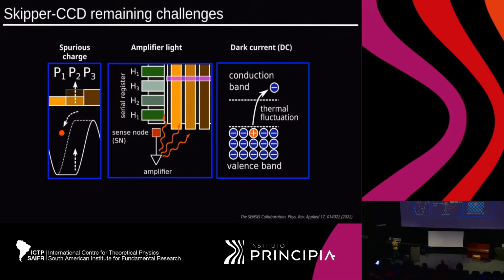This is what we call the spurious charge, and it comes from the fact that when you are moving the control voltages to produce this wave-like thingy to move your charge around, there is some probability of transferring some of that energy to electrons and promoting them. And then you create something out of nothing, and that's very unfortunate. So this is equivalent to dark counts, but when you are moving your control signals.